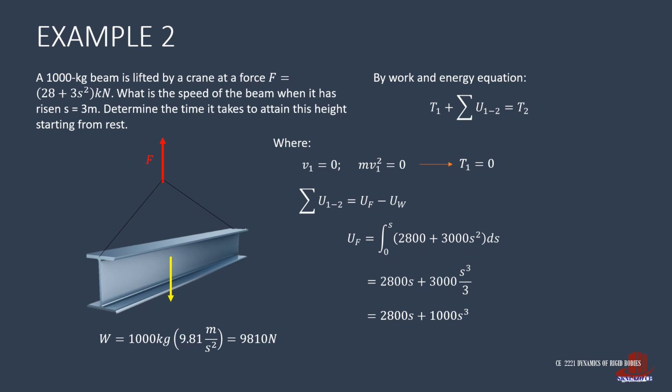The other type of work in the system is that which comes from the weight, which is equal to 9810 s. The last term from the work energy equation is T sub 2. Again, with the same energy equation, half of mv squared with a mass of 1000, we get 500 v squared.